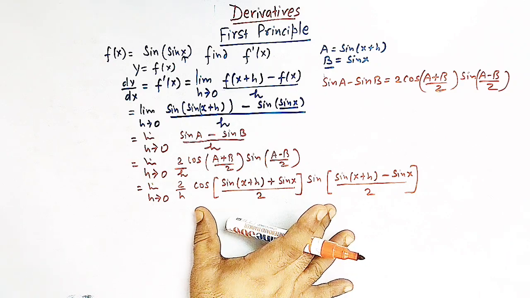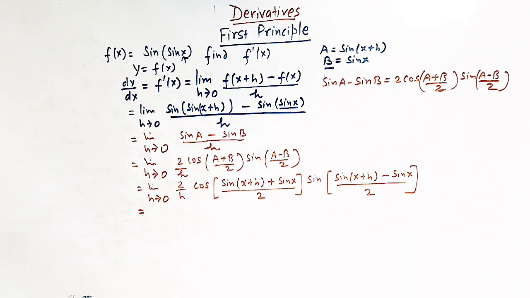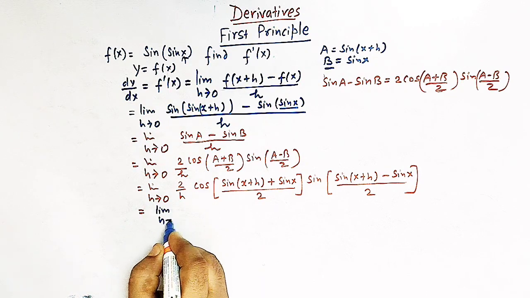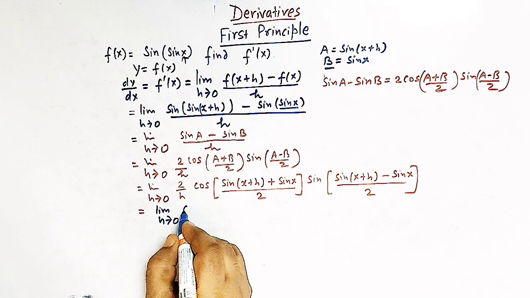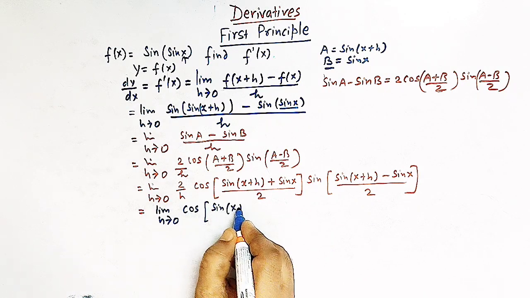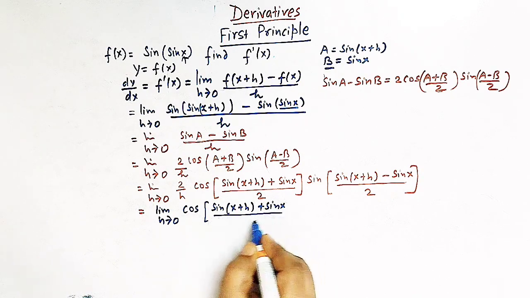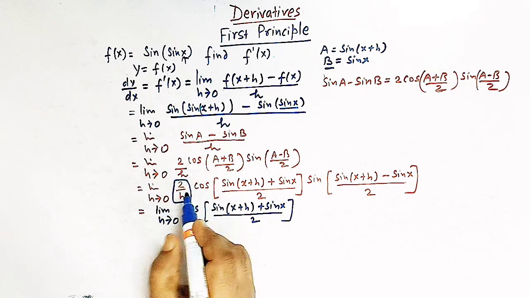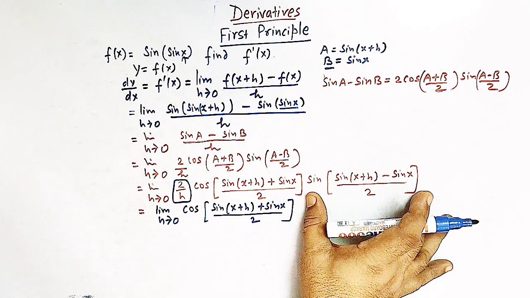Now to evaluate this limit, what we will do, we can write limit h tends to 0, and we'll first write this expression. So we have cos of sine x plus h plus sine x, divided by 2, and then we can take this expression, that is 2 over h, over here.